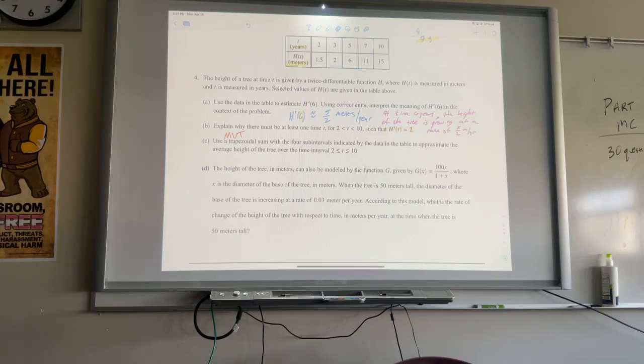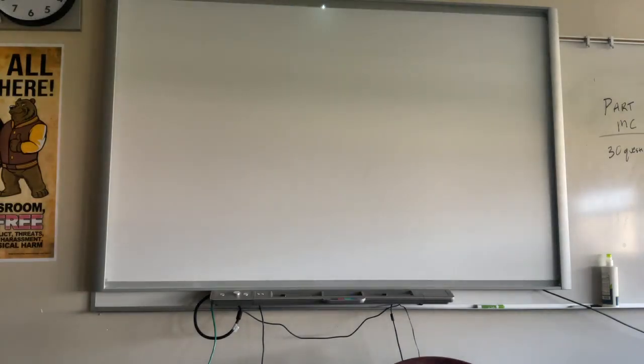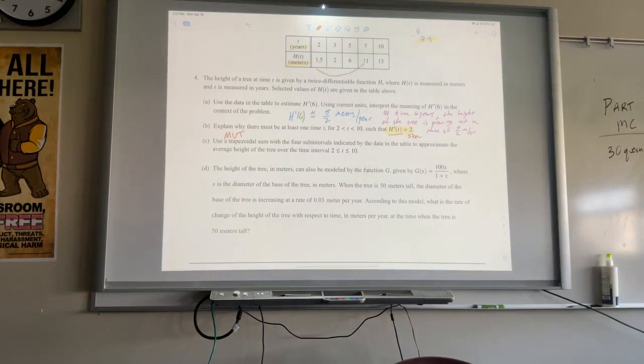And this is the derivative, so this needs to be a slope. Between 2 and 10, what's the slope from there to there? Is it 2? No, it's some decimal. So I have to find a pair of points somewhere in here where the slope between them is 2.